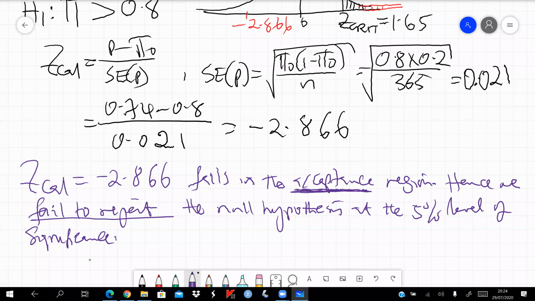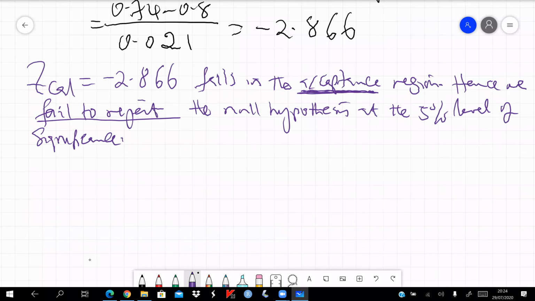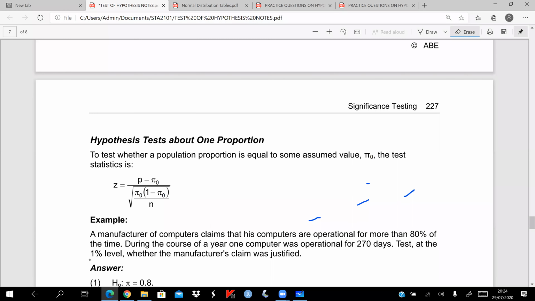So what is our conclusion now? In your conclusion, you must answer the question that was presented to you. The question was, test whether the manufacturer's claim was justified.